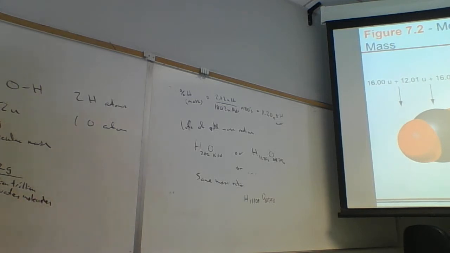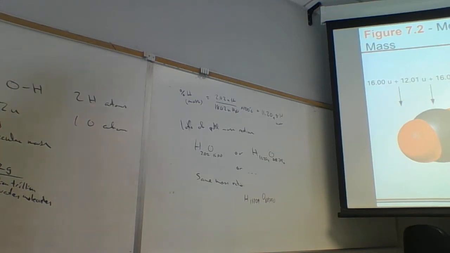And so I know that because I have 18.02 U per molecule, that's going to mean the same thing as 18.02 grams per what we call a mole of molecules, aka 602 million trillion water molecules.